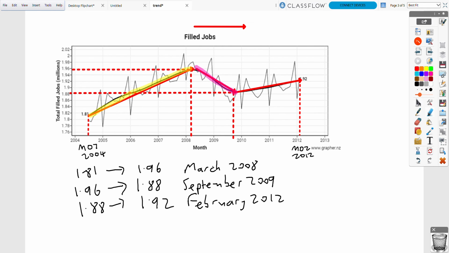And then for the last piece of my trend line, again we've got an increase there, not as steep as the first increase though, and it's 1.92 take away 1.88 divided by how many months that is. That will tell me the rate that my total filled jobs in New Zealand is increasing per month, and the research would tell me that we came out of recession in early 2010, and so people are starting to regain their jobs there again, aren't they?